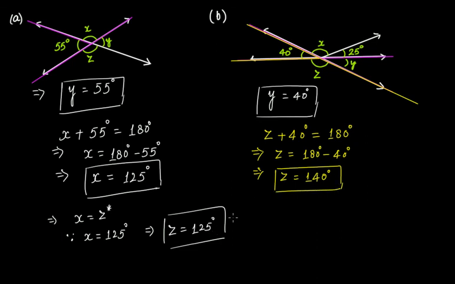So we have the value of y, okay, and we have the value of z. Which one is left? The left one is only x, and that's very simple to find. How? See, we know the value of y. What's the value of y? y is equal to 40 degree. Okay. What about this one?